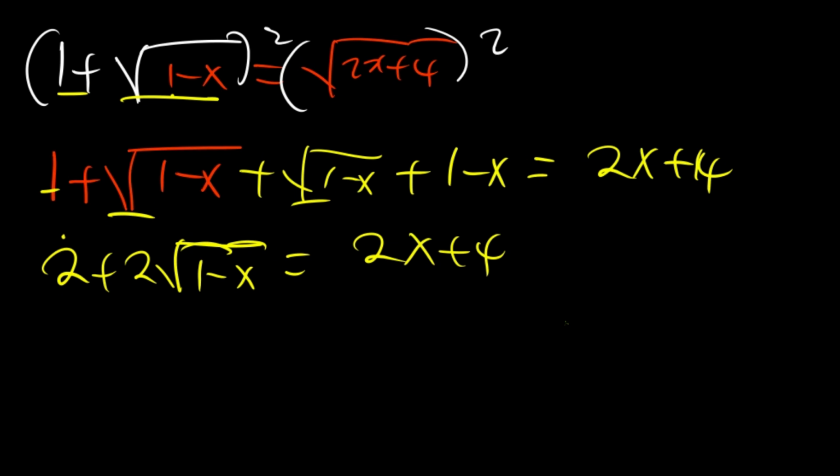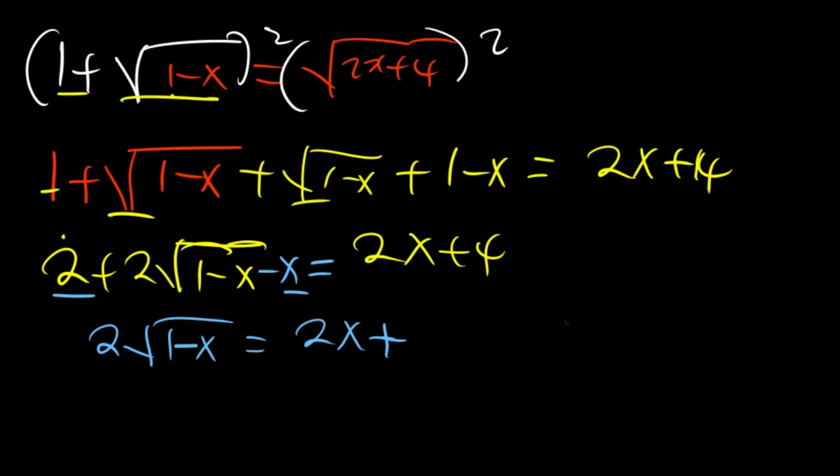So I can shift. I've forgotten one x here. I can shift this and that to the other side, which is going to be 2, the root of 1 minus x is equal to 2x plus this x now, plus 4, then minus 2.